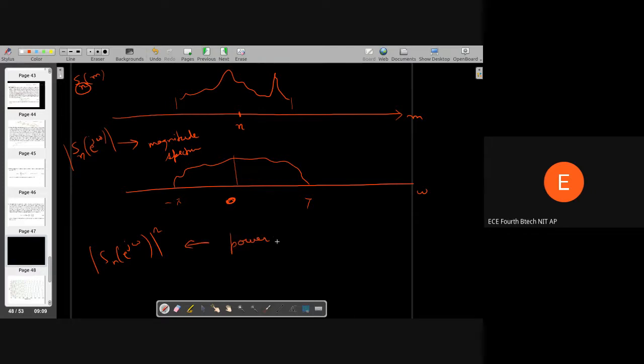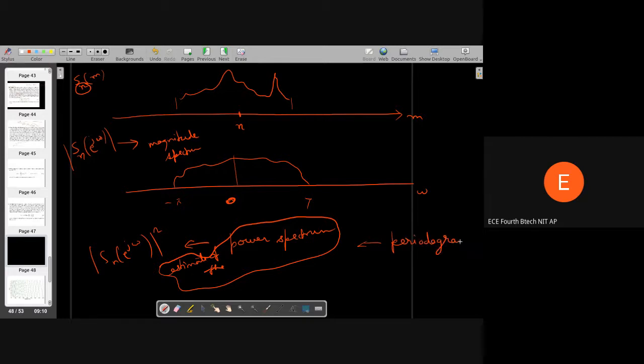Or actually, it is not appropriate to call it the power spectrum, though we loosely use it. It could be said to be an estimate of the power spectrum, also called the periodogram, that magnitude squared.